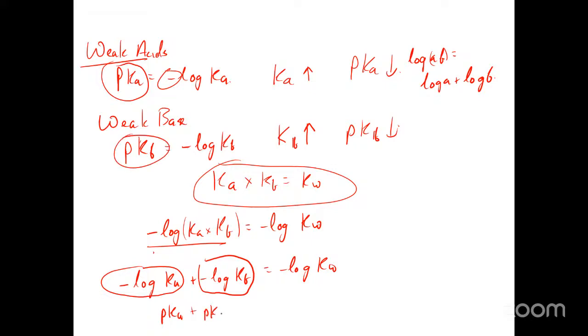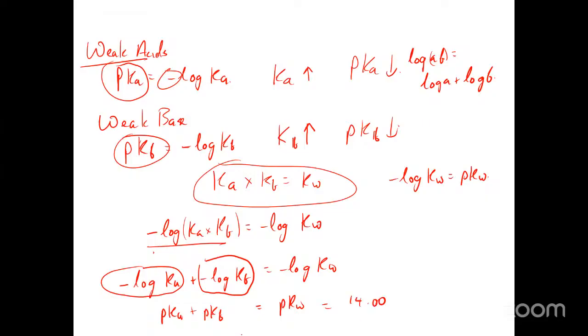So basically, another thing I'm going to introduce to you, this would be pKw. So minus log of Kw is equal to pKw. And it turns out that because Kw is equal to 1.0 times 10 to the minus 14, pKw is equal to 14.00, right?